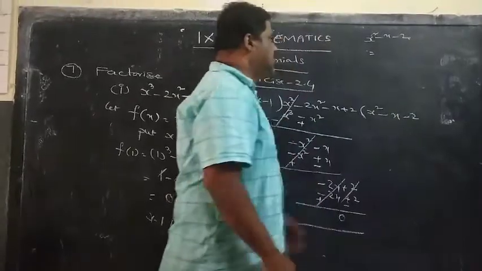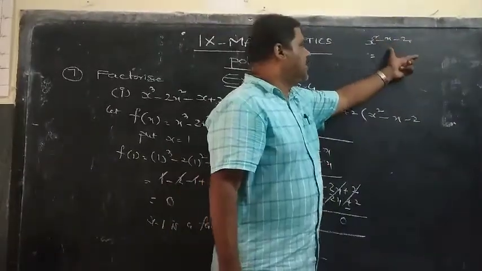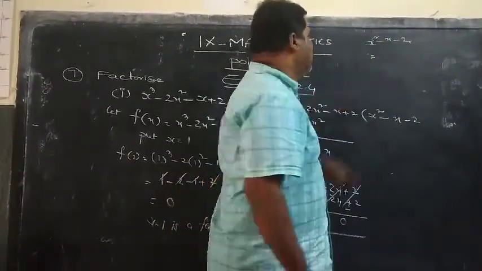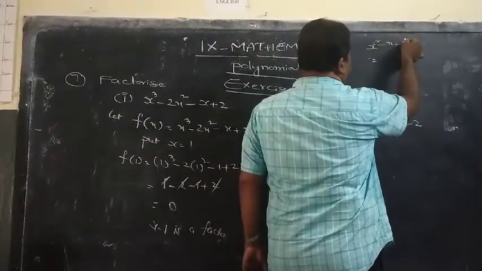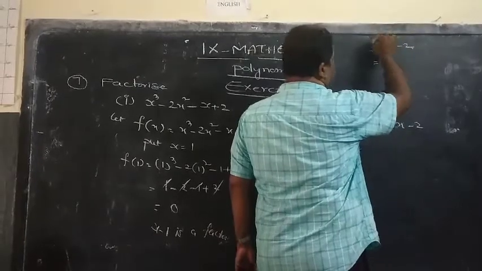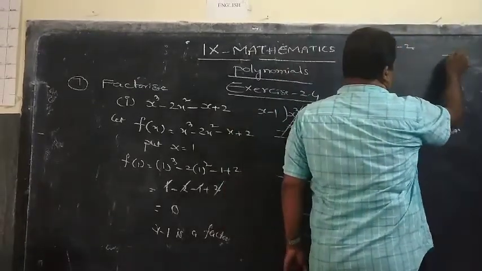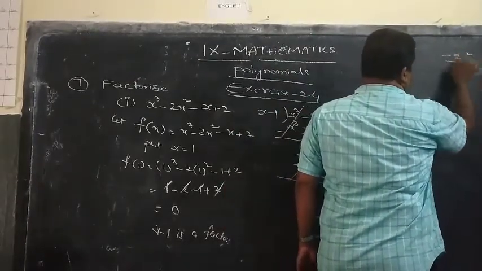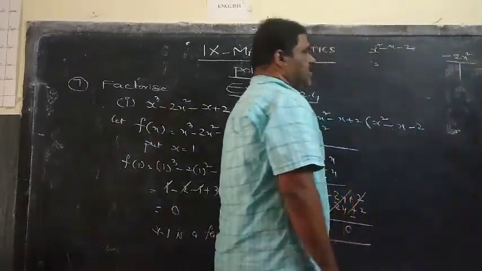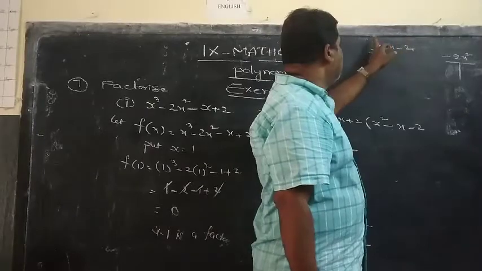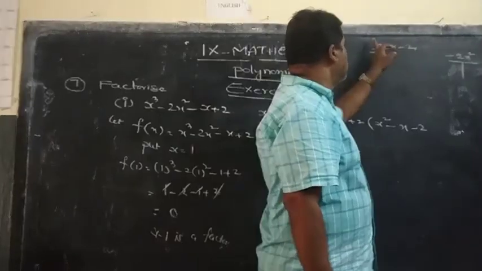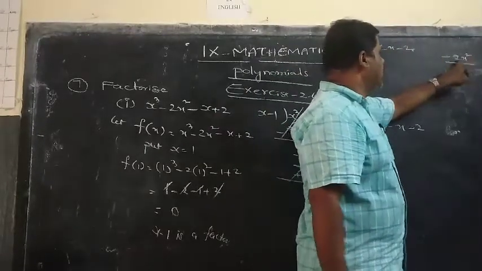Let us factorize this quotient so that we will get the remaining 2 factors. Now in factorization, we will multiply the constant with the x square term. The last term we should multiply with the first term: minus 2 into x square is minus 2x square.